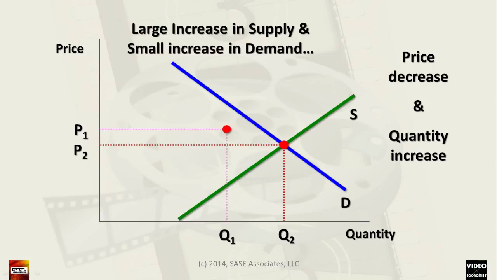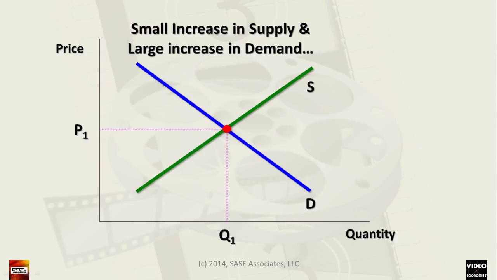Again, the result is an increase in equilibrium quantity, though in this example the equilibrium price decreases.